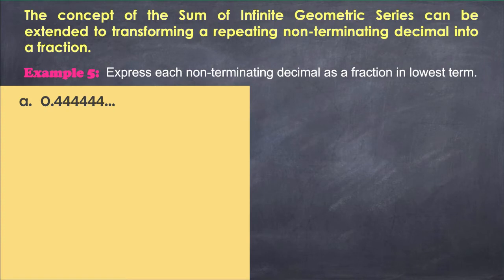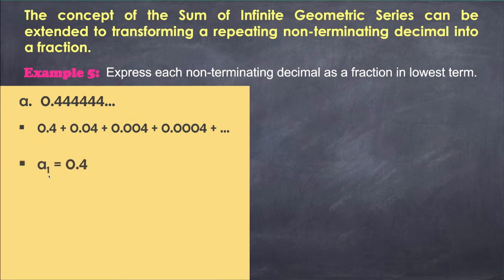Now, this non-terminating decimal can be expressed as 0.4 plus 0.04 plus 0.004 plus 0.0004 plus so on and so forth. Now, in this sequence, we have the series.